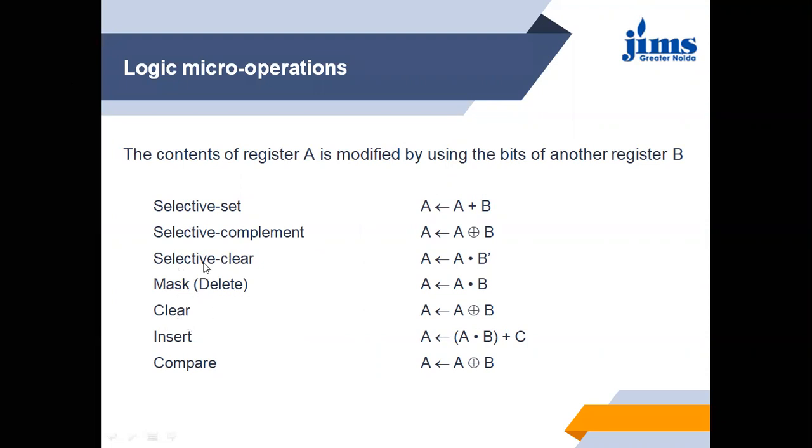This is clear and this is selective clear. So we have to keep these things in mind. Then insert and then compare. These are different operations that we can perform by using logic micro operations.